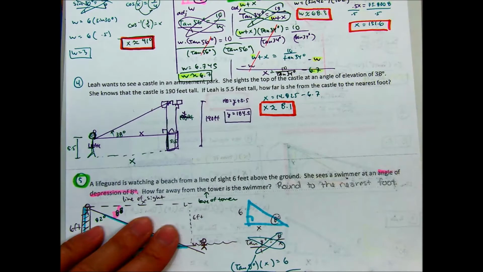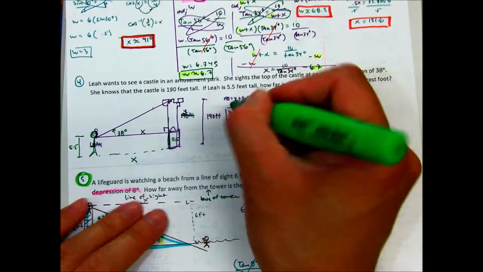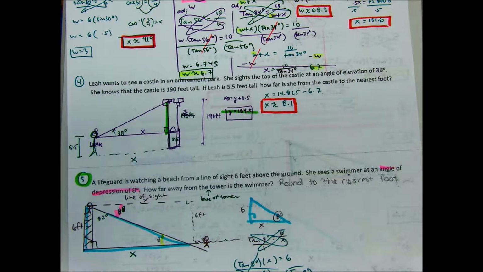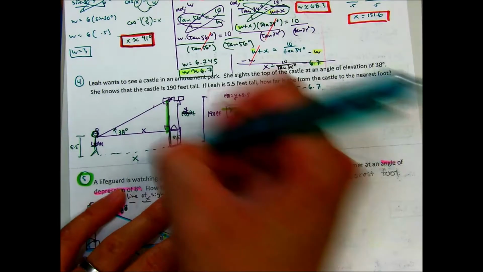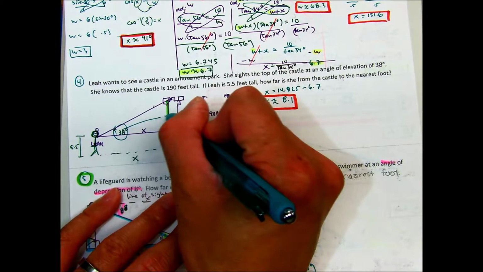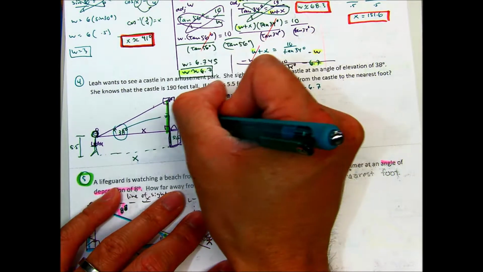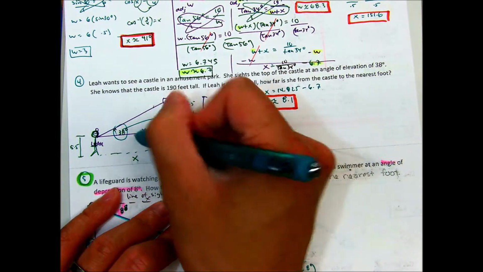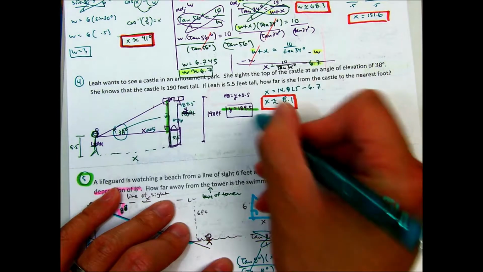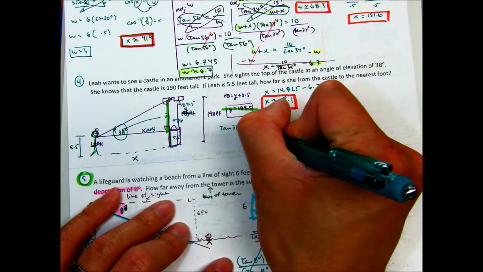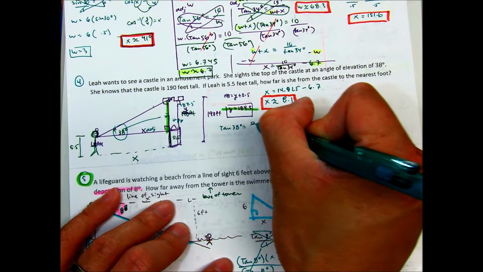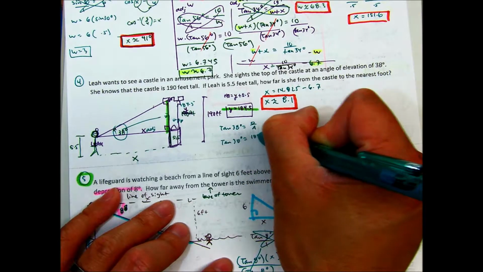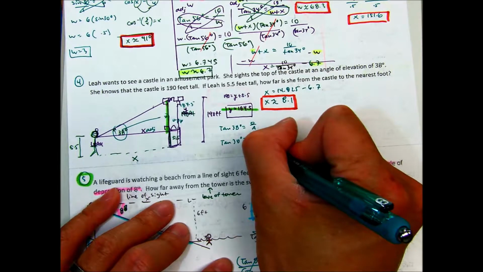So that means the length, I'm just talking about this length. Now if I do my problem, I have 38 degrees. My opposite side, which is the 184.5, and then I have the adjacent, which is my x. I'm going to have tangent of 38 degrees equals the opposite over the adjacent. So tangent of 38 degrees equals 184.5 all over x.